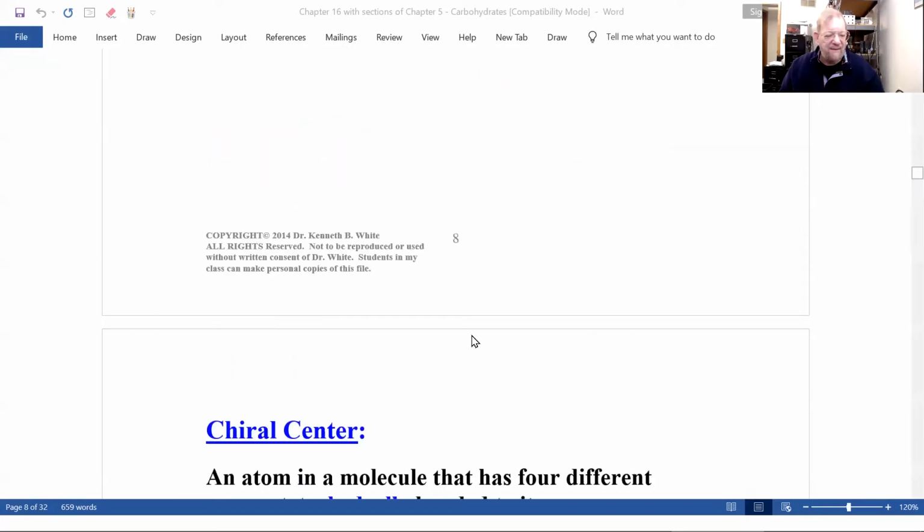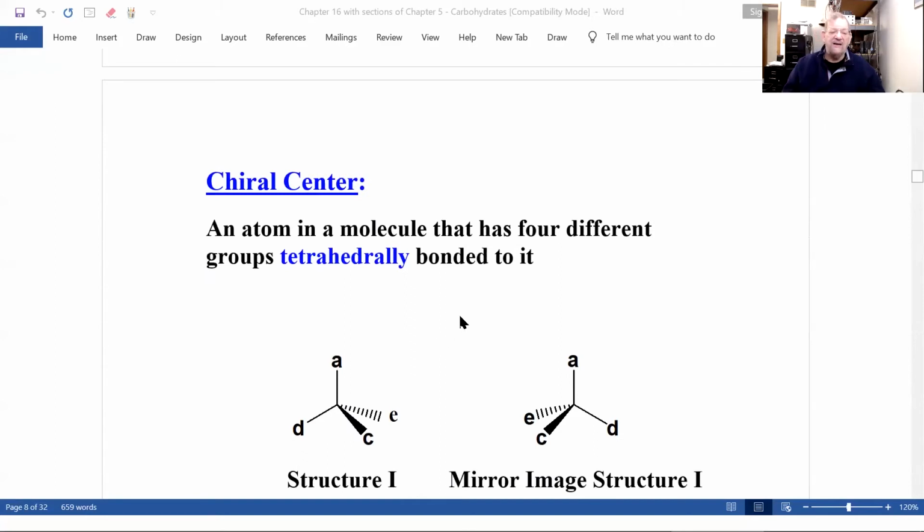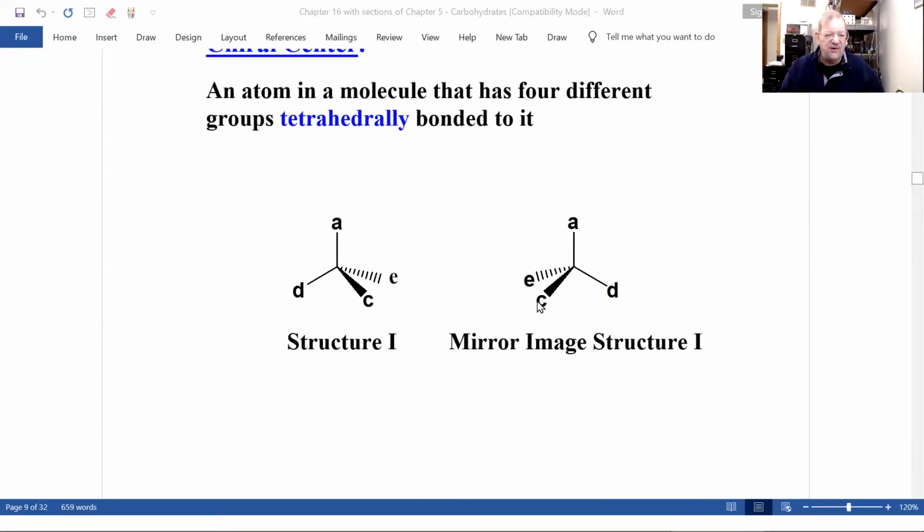All right, now on Monday, I was finishing up and starting to talk about chiral centers. And a chiral center is a carbon that has four different groups. I can actually expand this definition to four different atoms, or a combination of four different groups or atoms.